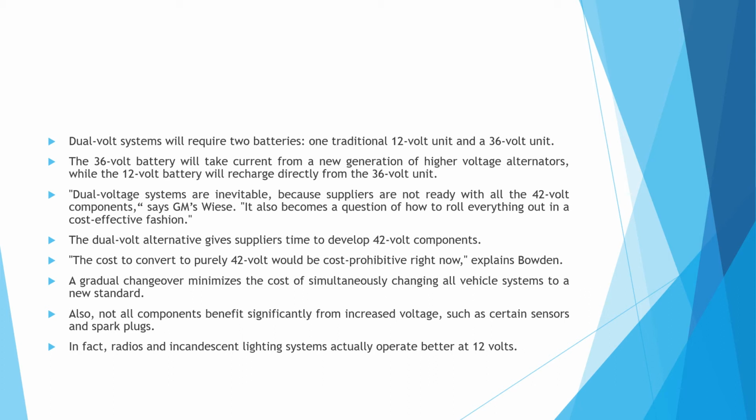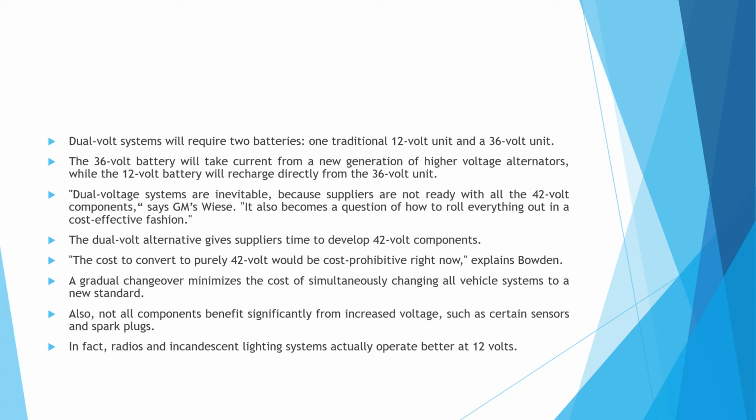The cost to convert to purely 42 volt would be cost prohibitive right now. A gradual changeover minimizes the cost of simultaneously changing all the vehicle systems to a new standard.